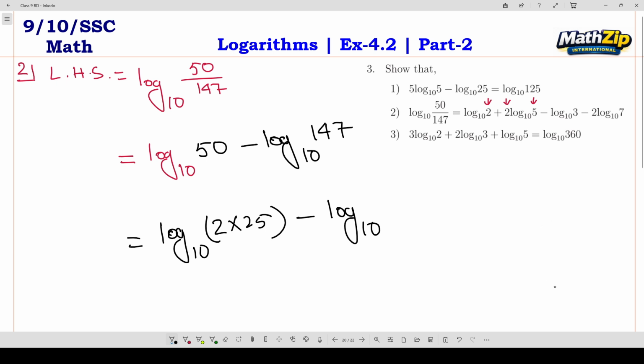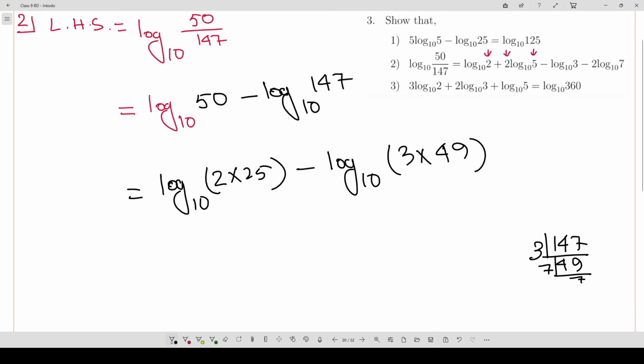Suppose here is 147, we can divide this one by 3. So here is 4 times 3 is 12 and 9, and this 49 we can write 7 times 7. So it would be better we can write 3 times 49. Okay, it's one part.